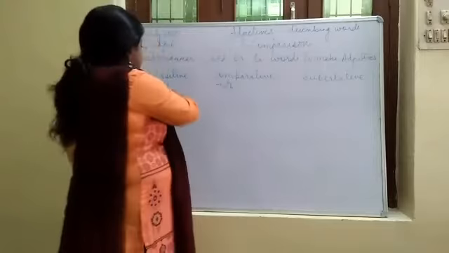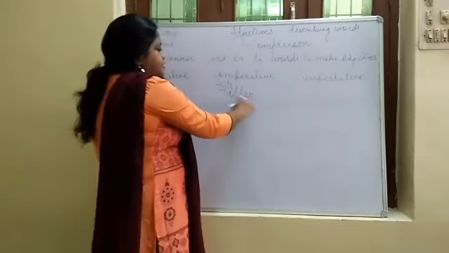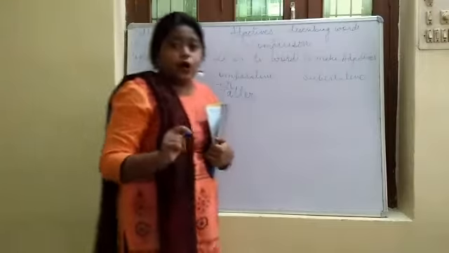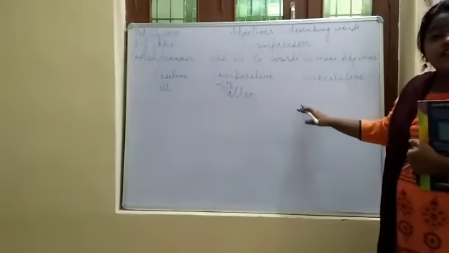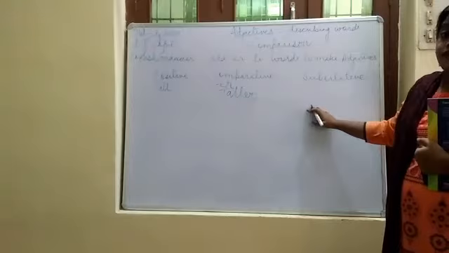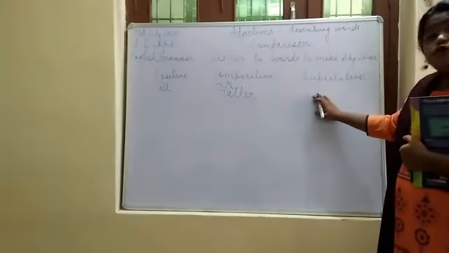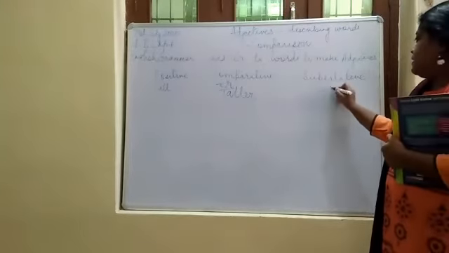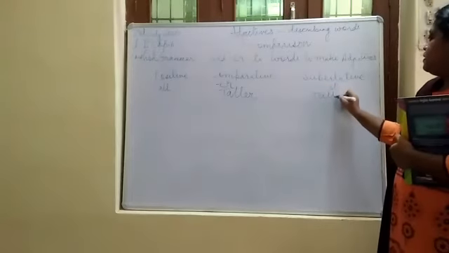For example, tall becomes taller. Okay, is this clear? Now, when the comparison takes place between more than two persons, it's called superlative degree, and we add est. Taller becomes tallest.